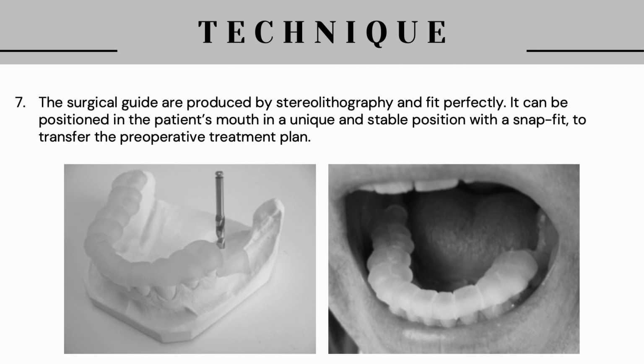Seventh, the surgical guides are produced by stereolithography and fit perfectly. It can be positioned in the patient's mouth in a unique and stable position with a snap fit to transfer the preoperative treatment plan.